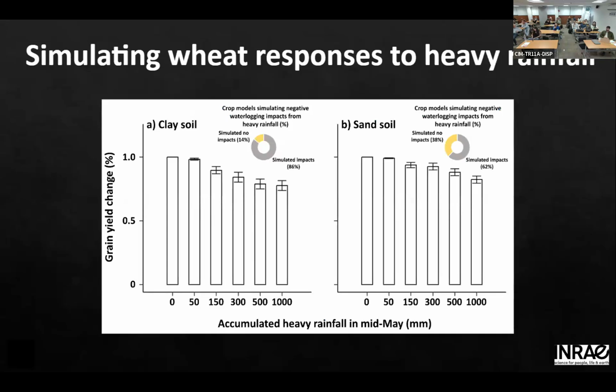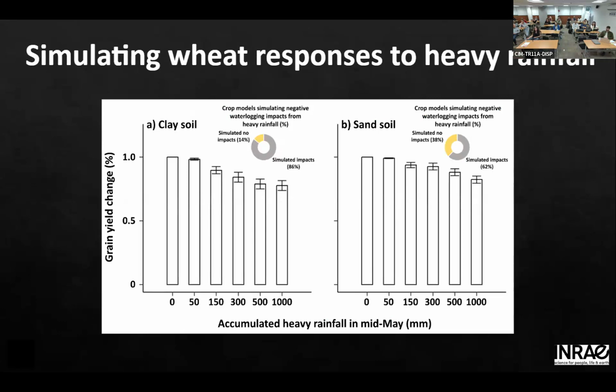And in these 15 crop models that simulate impact of waterlogging, we also tested how they respond to heavy rainfall. We applied up to 1,000 millimeters of rainfall around mid-May, which in this case was just at anthesis. And you see, in sand soils, and we also forced it, I mean, we created a layer in which there was no drainage.